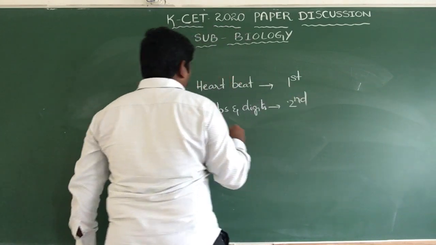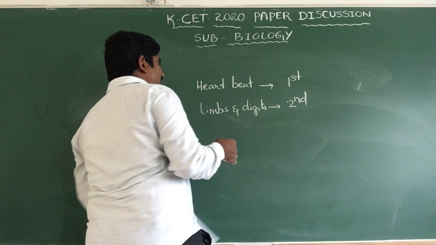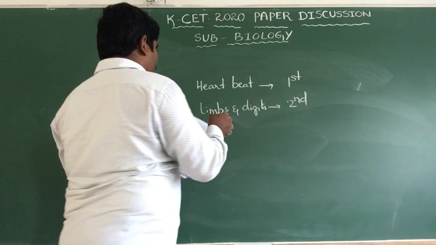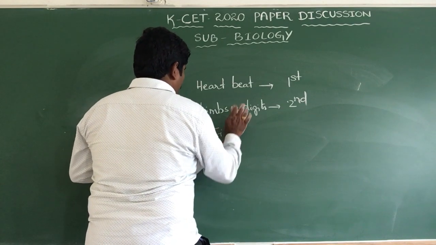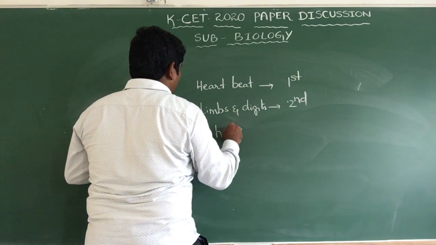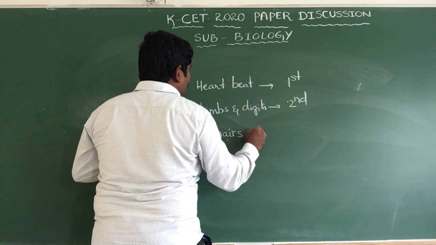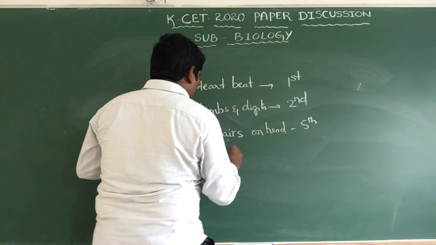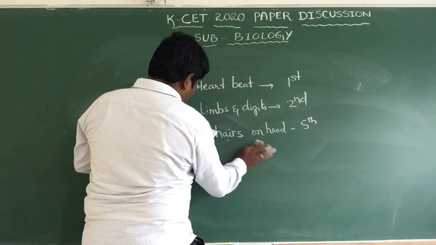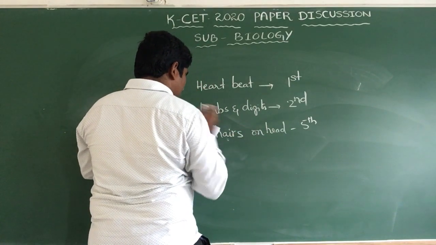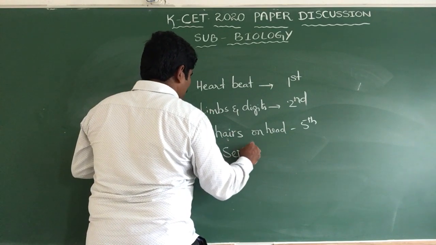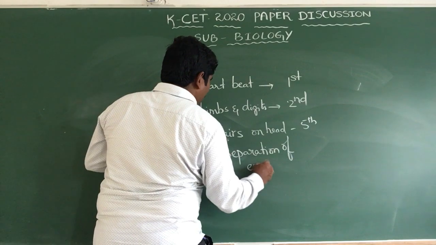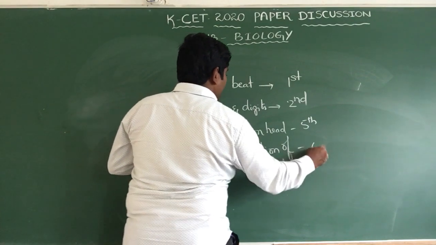In the fifth month, hairs appear on the head. And in the sixth month, what happens? Separation of eyelids happens in the sixth month.